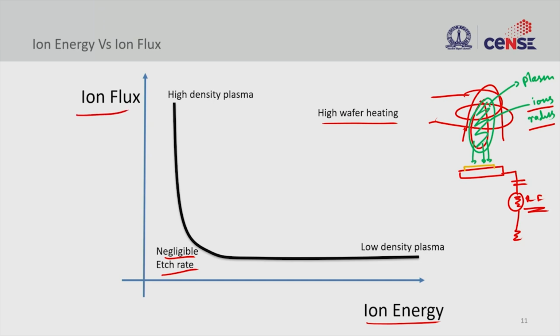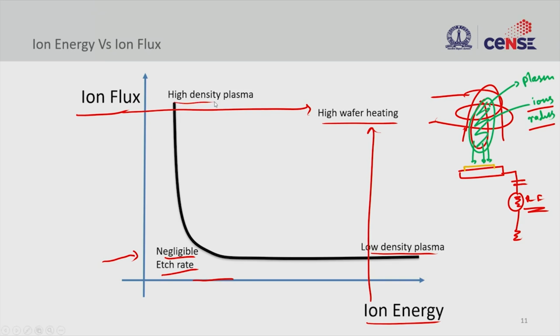Large ion flux and large ion energy will result in heating. When you have low ion flux and large ion energy, that's called low density plasma. The flux is low but the energy is high. But when your energy is moderate or low, but you have very high ion flux, that is called high density plasma.